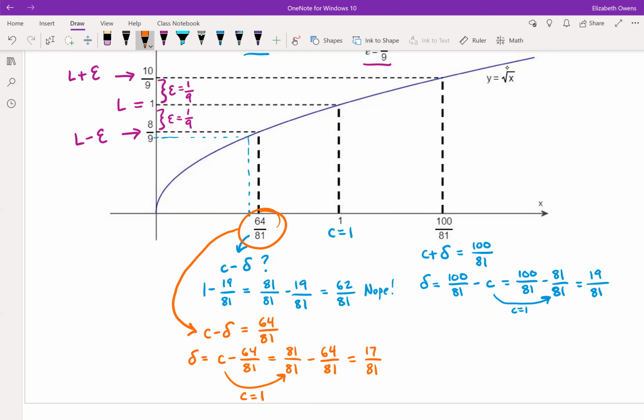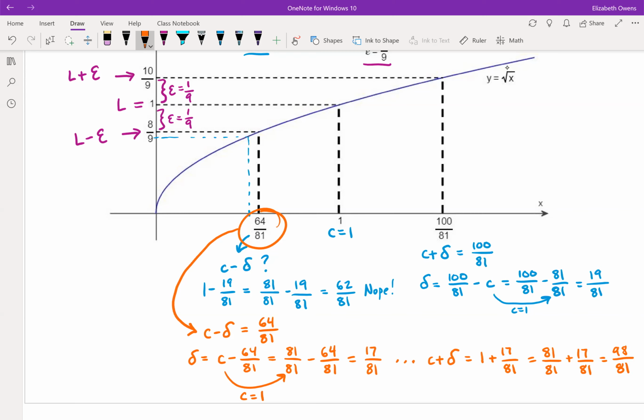So that's the next delta we'll check in on. Let's make sure that this will allow us to still fall within the proper interval over here on the right side of c. c plus this delta would equal 1 plus 17 over 81. Crunching the numbers, that would be 98 over 81.